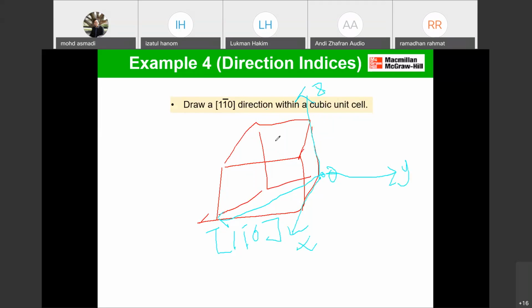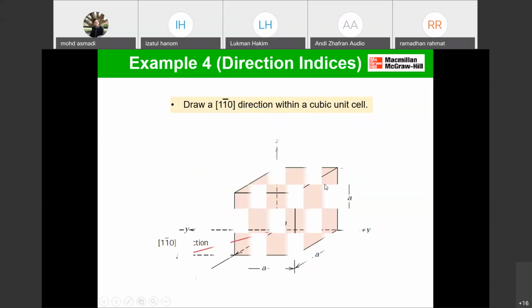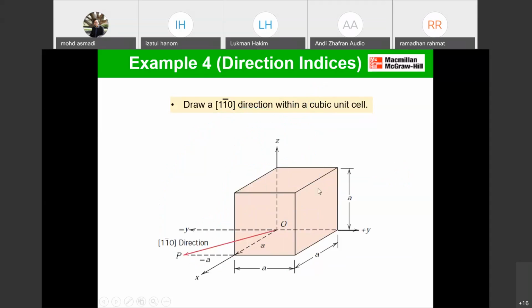So this is the position of the box, or the unit cell, for the direction indices 1, -1, 0. So you have to redraw the new box. Okay, so this is the example. The box should be on this side. You can move this box to the left.